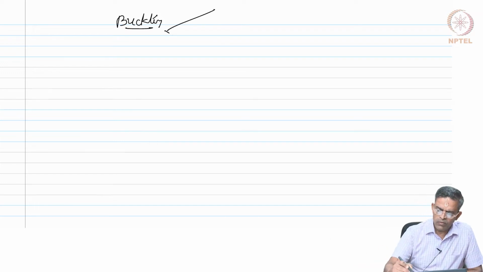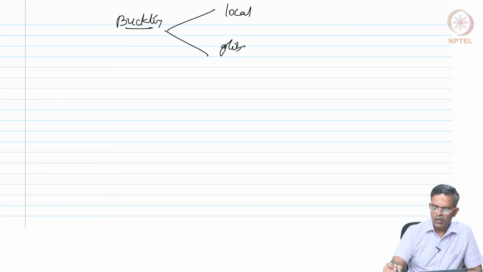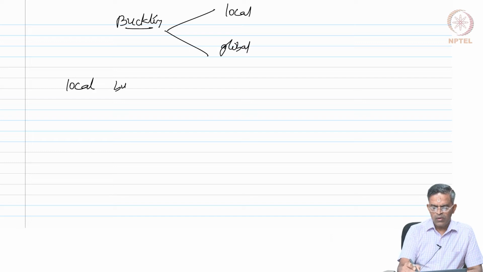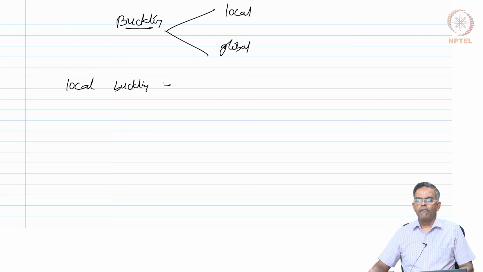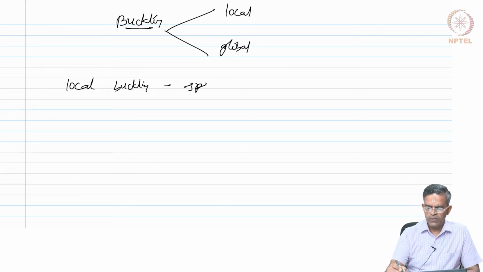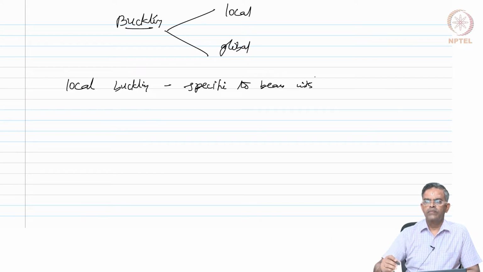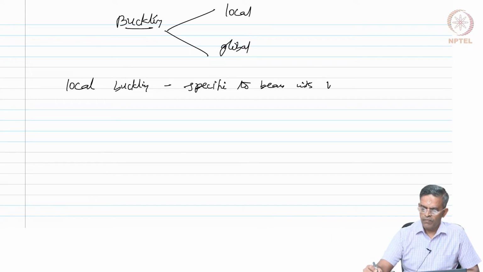Local buckling is specific to beams whose web or flange is slender. So, buckling will have two components, local and global. Local buckling will be specific to beams with slender web or flange.